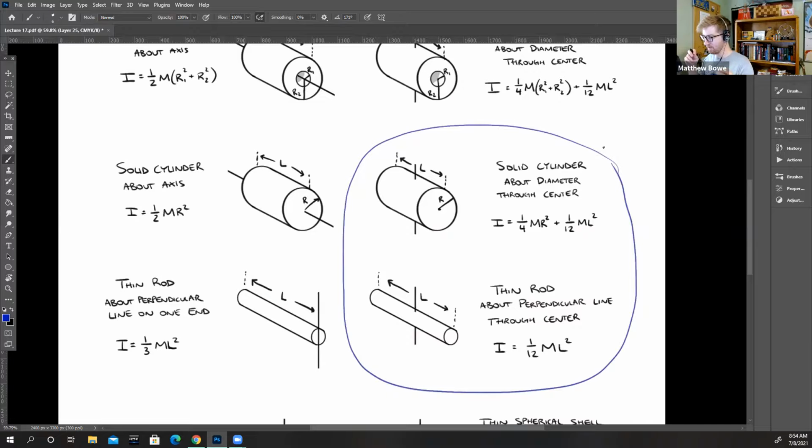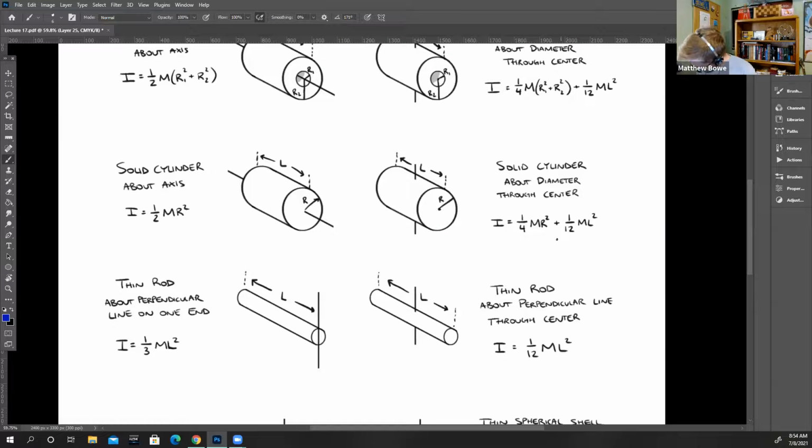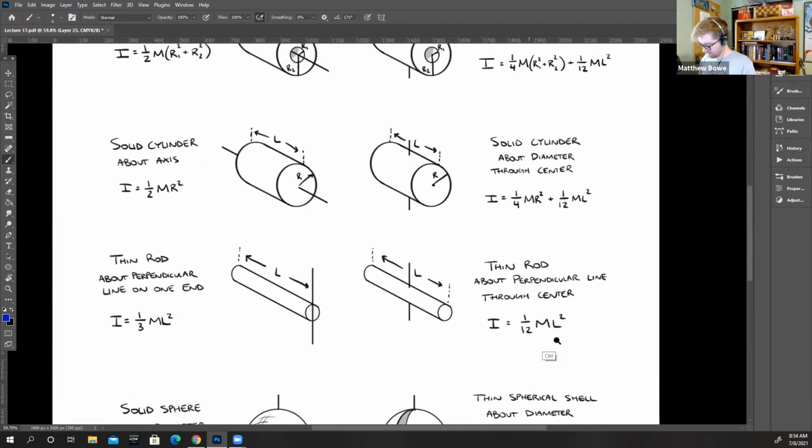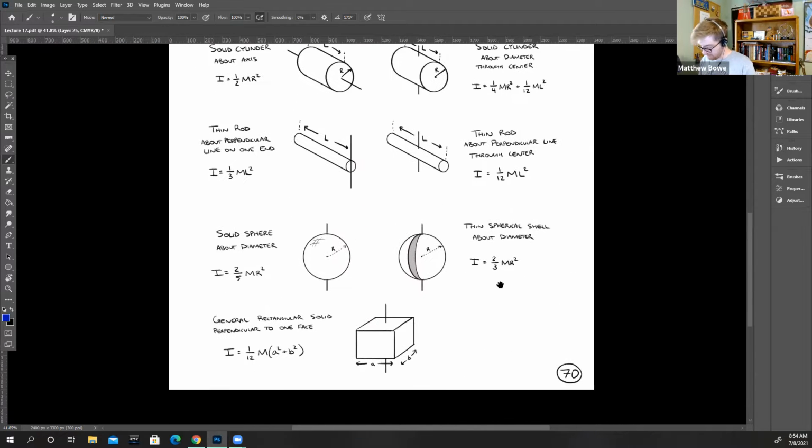It's a very uniform thin rod. It has the same exact term on the end here. And then we have a sphere, and we have a hollow sphere, and just a general sort of rectangular shape.